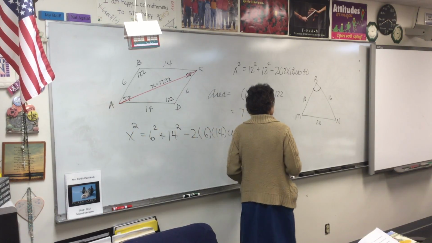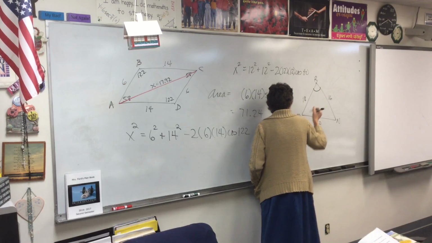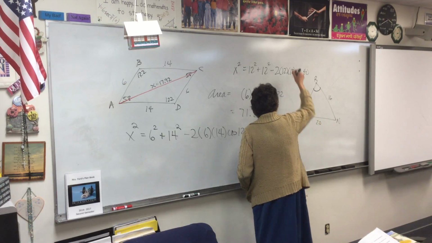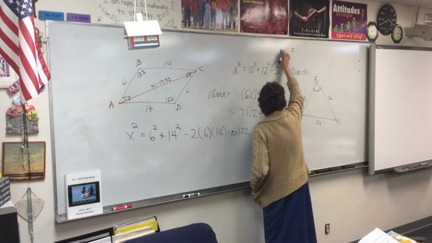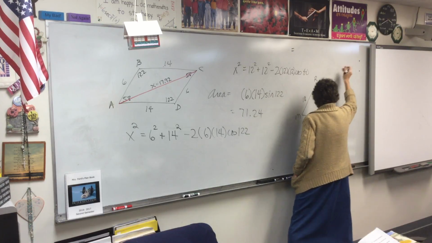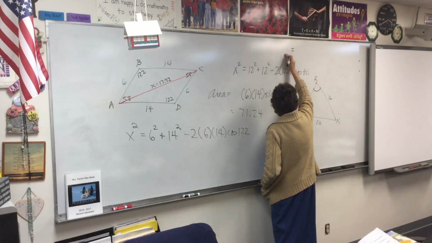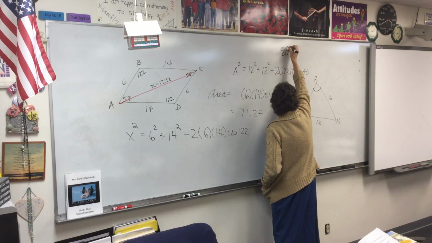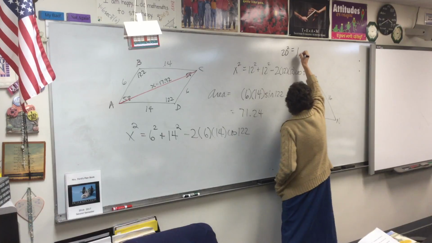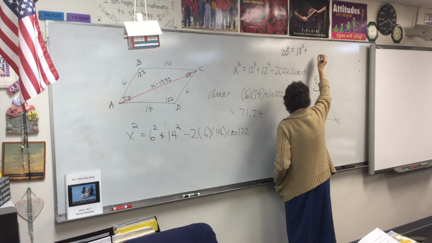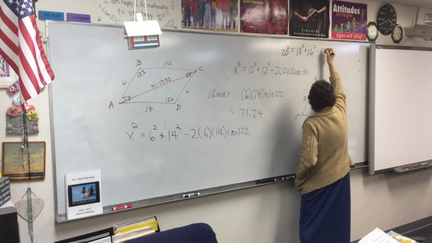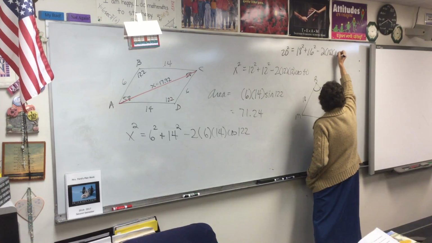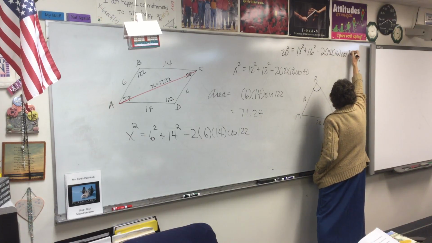So, law of cosines, if I'm going to find angle R, then over here, remember in the law of cosines, you got one thing over here and then all the rest of it. What's the thing that's going to be over here all by itself if you're finding angle R? 20 squared equals 18 squared plus 16 squared minus 2 times 18 times 16 cosine R.